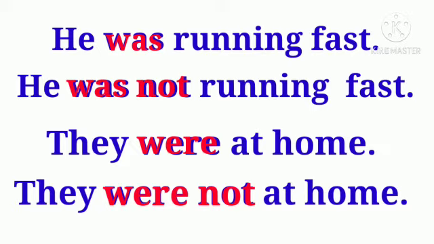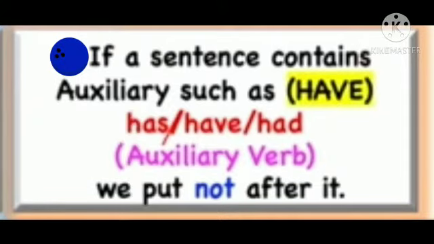Students, in all these sentences the to be form is given, so we only add not and frame the negative sentence. In this way we are going to see how to frame the negative sentence when there is the auxiliary have. In the to have family, have, has, and had are the helping verbs or the auxiliary verbs.